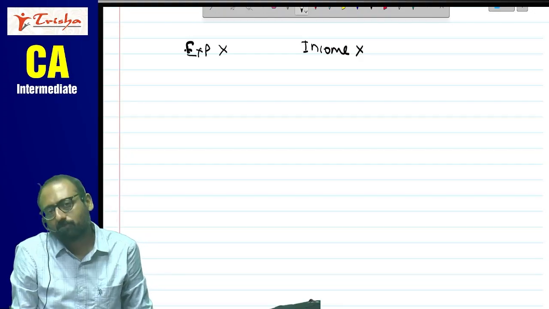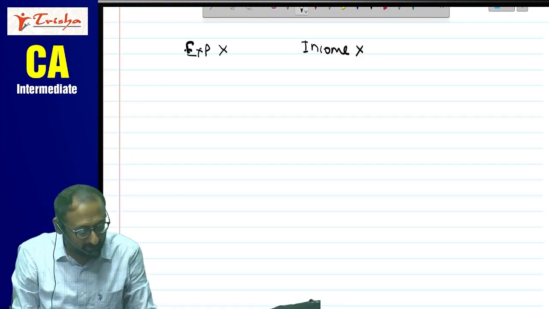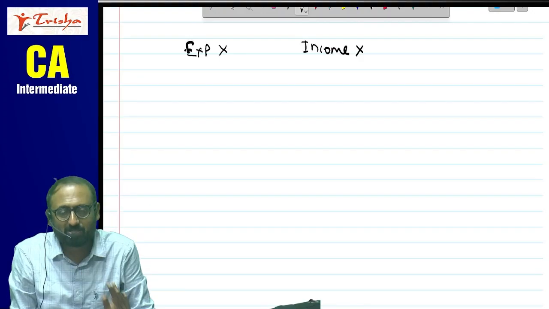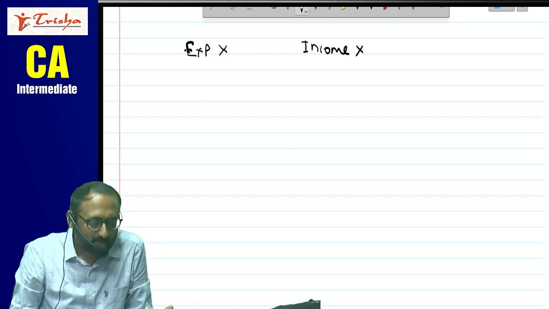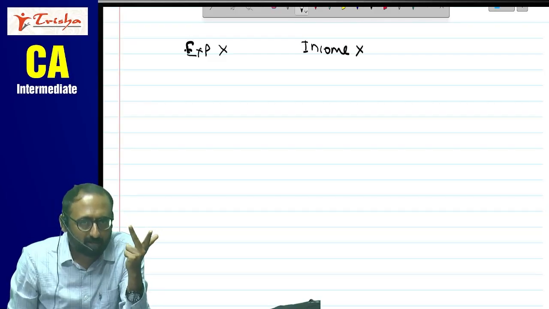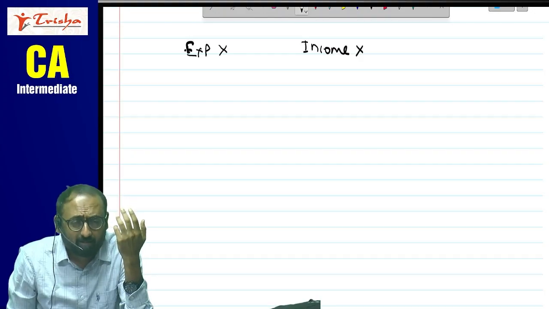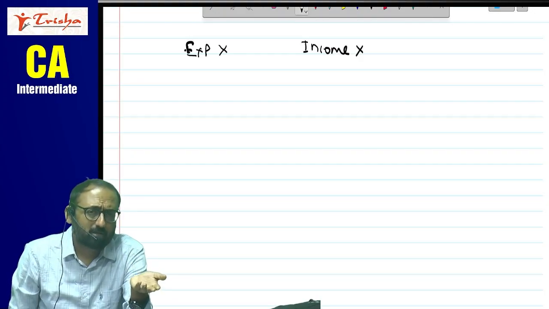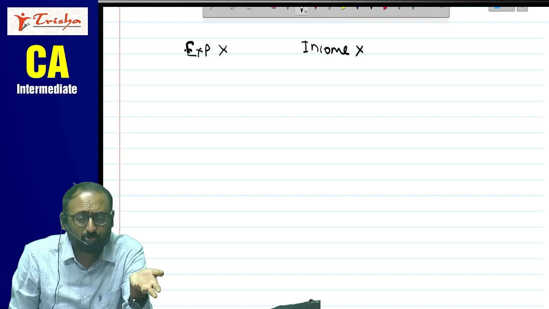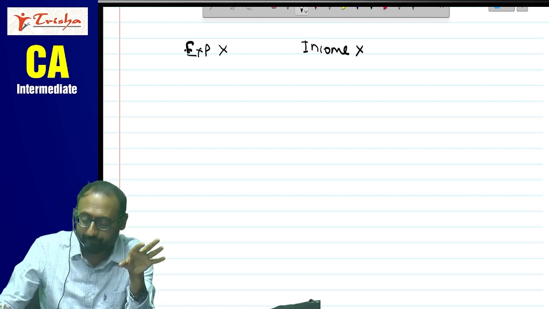Sir, I told you some of the expenses we are not going to consider in costing, but in finance we are going to consider: bad debts, preliminary expenses, dividend paid, interest paid, debenture issue expenses, share issue expenses, and all these expenses.